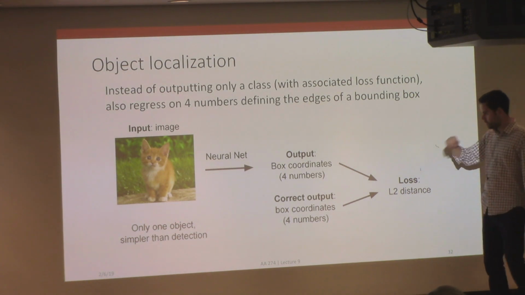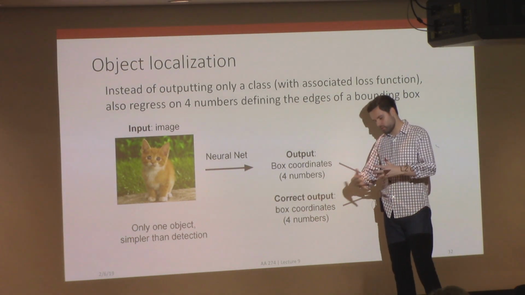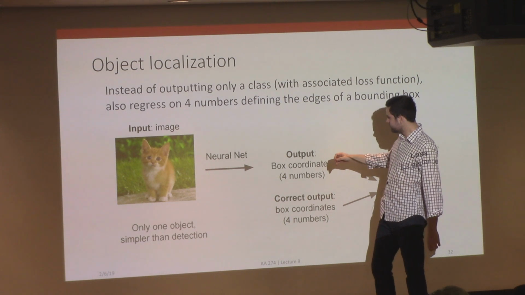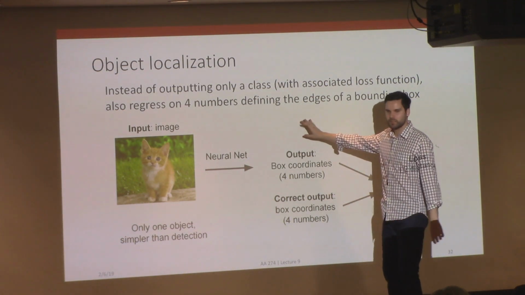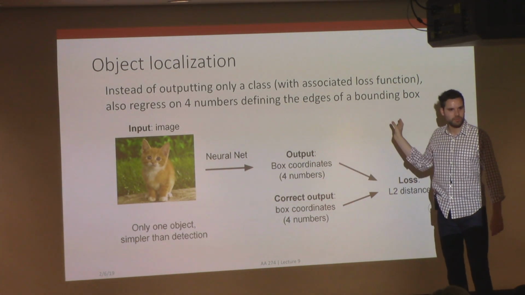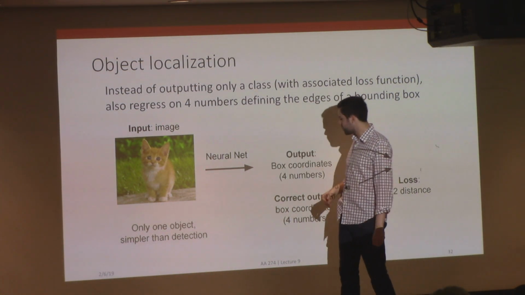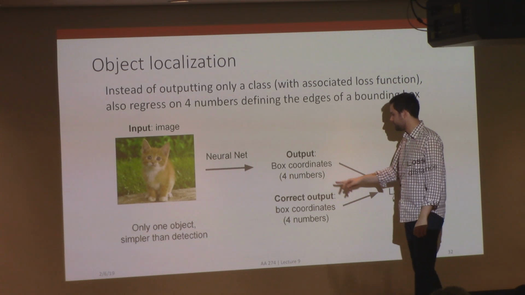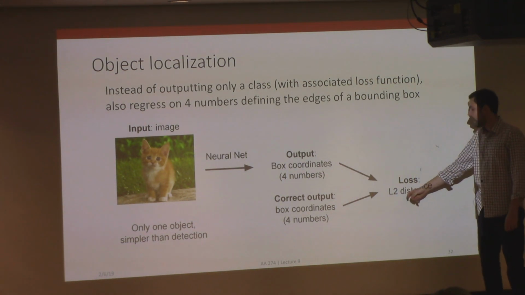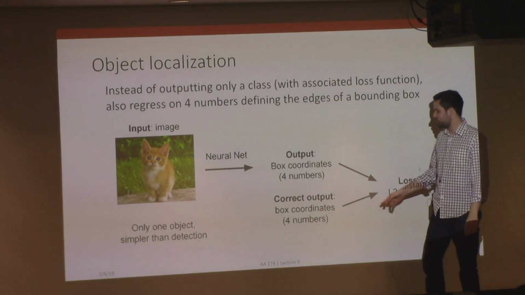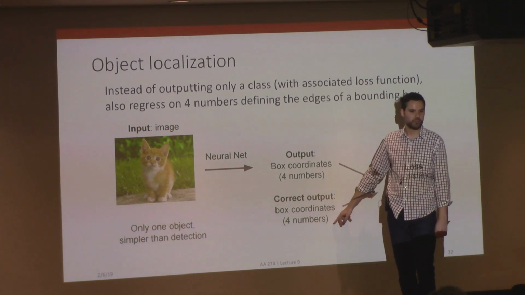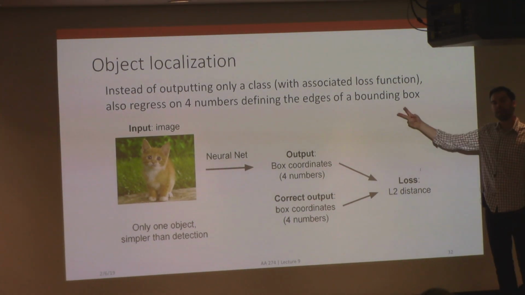So you would have your output with a class and a classification loss, let's say cross entropy. To regress on the 4 numbers, you output 4 numbers and have an L2 loss between them and the actual box around that object. So you have a regression and a classification component.